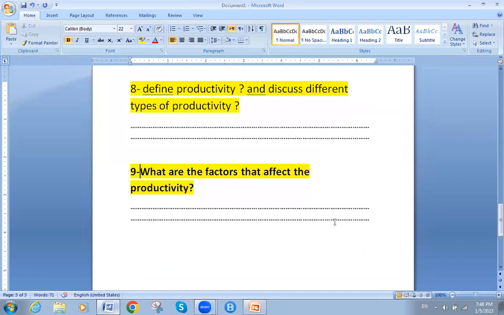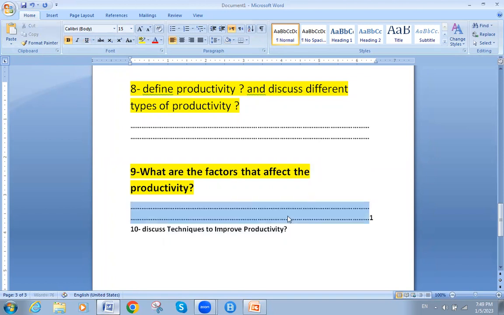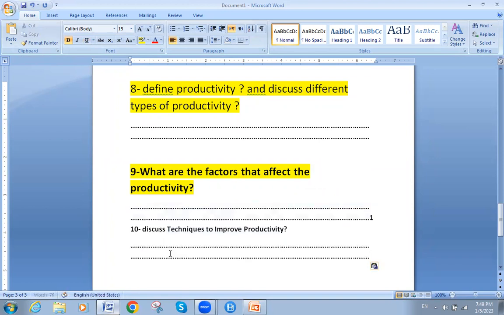This will be our third question today: discuss techniques to improve productivity.